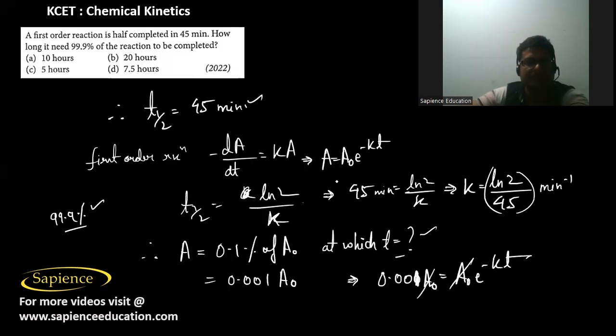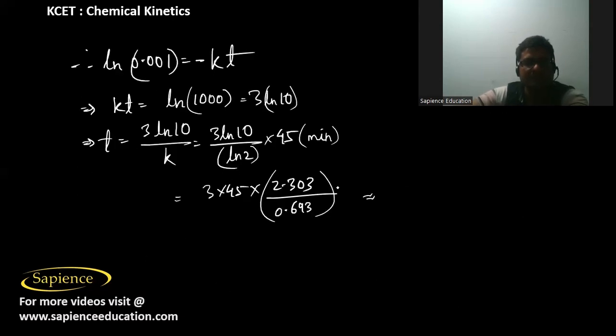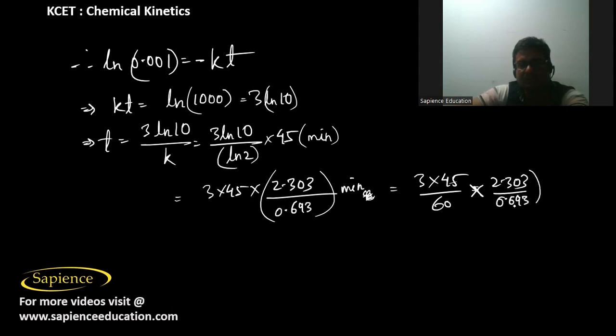And here the options are given in hours. So this much minutes we need to convert into hours, so divide by 60, since 1 hour equals 60 minutes. So 3 into 45 by 60 into 2.303 by 0.693. 15 threes are 45, 15 fours are 60.